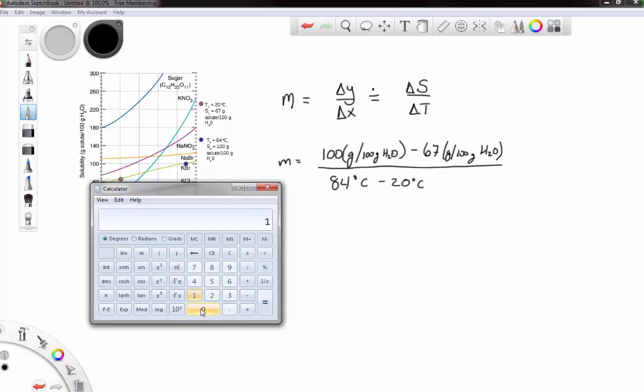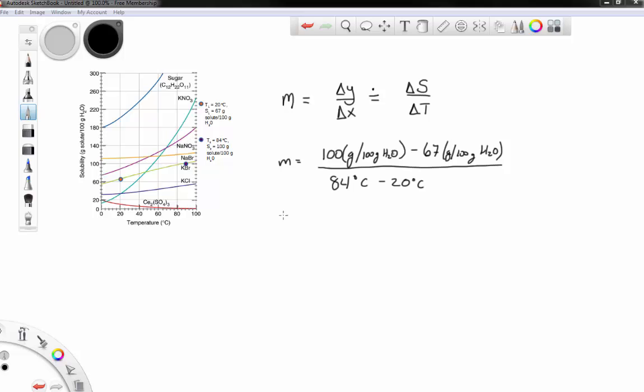Basically we have 100 minus 67, that's 33, and that is going to be divided by 84 minus 20, or 64 if you will. And what we get is 0.515625.